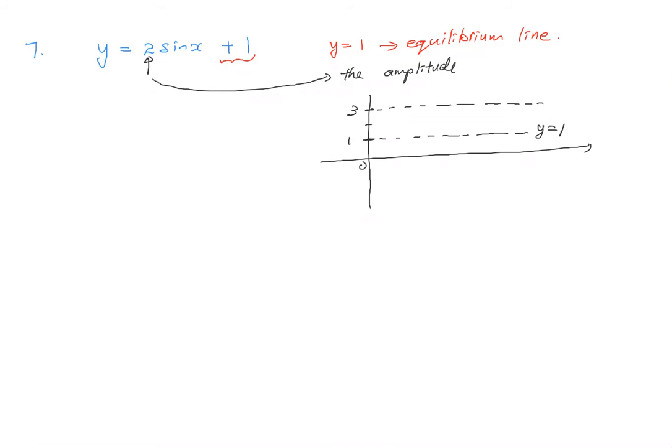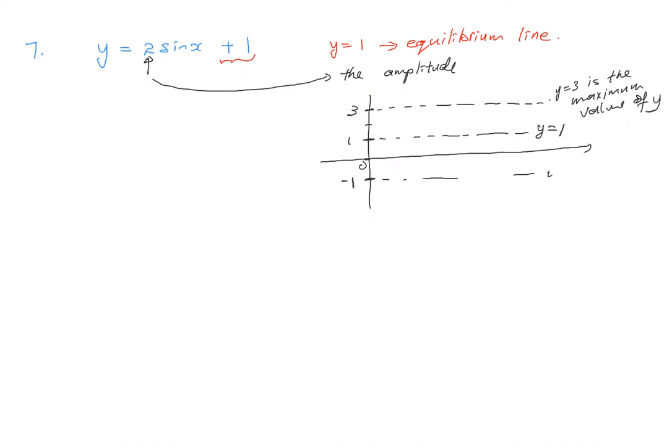Understand? So y equal to 3 is the maximum value of y. Then 2 units down, -1.